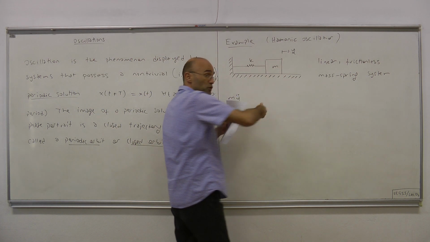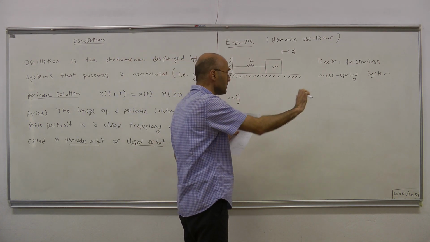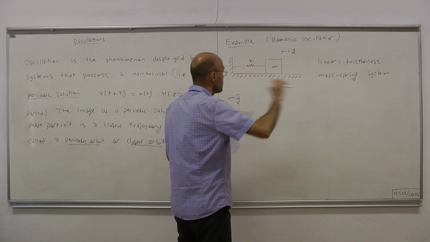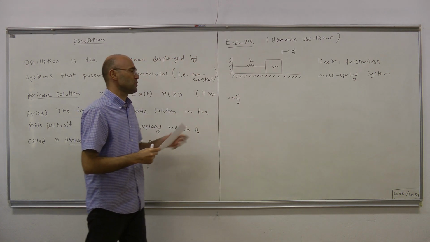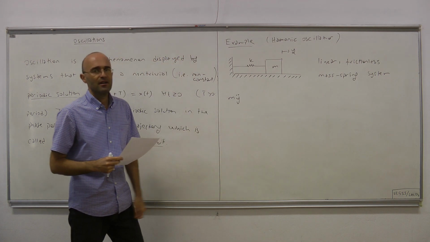If you stretch the spring, it pulls you back. If you push the spring, it pushes you back. Therefore, m y double dot equals minus k y.